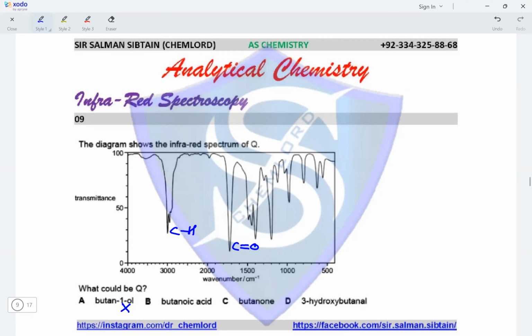Butanoic acid would have an OH peak in the range of 2600 to 3000 wave numbers, which is not there as well. Butanone only contains the C double bond O group, which is present. And 3-hydroxybutanal would have a hydroxy peak between 3200 to 3600 wave numbers, so it gets eliminated as well, making option C the correct option for this question.